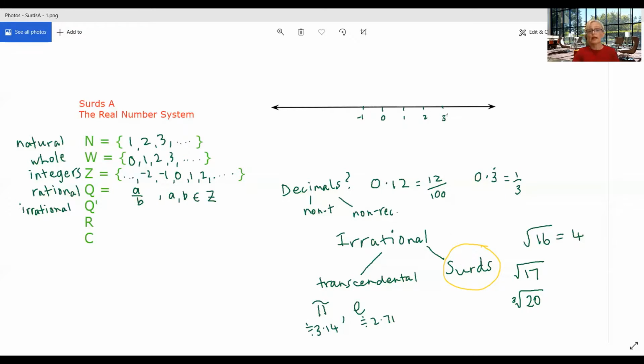Now, surds can go on the number line exactly. I'll just show you how. I get a line here. If I measure this line from 0 to 1, right, and now I'm going to pick that line up and I'm going to move it. Okay, now if I get another line in a different colour and I measure from here to here, right, if that's 1 and that's 1, this will be root 2, won't it?